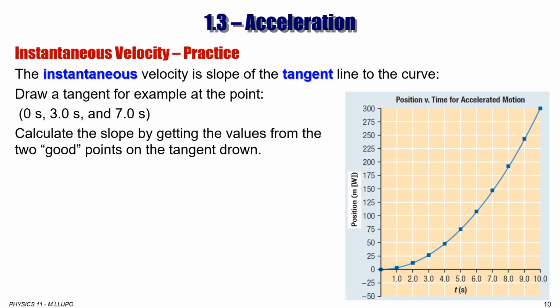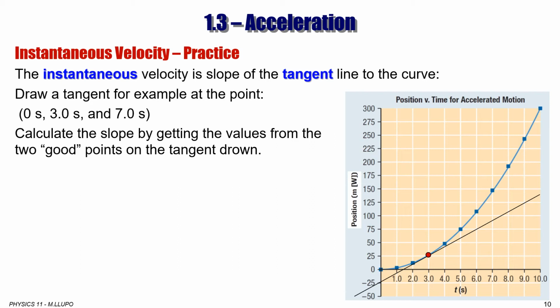At 0, you don't really need to draw anything because that is going to be a horizontal line, and you know the slope of a horizontal line is 0. So let's start with 3 seconds. You can draw a line there that touches that curve at one point only.